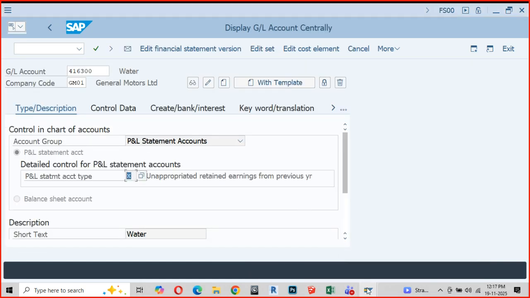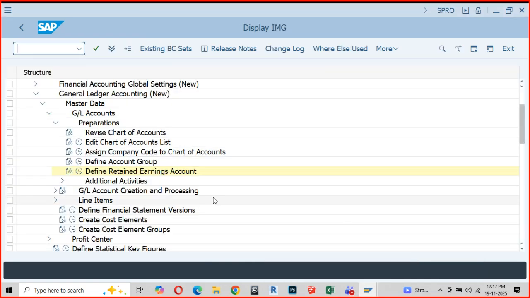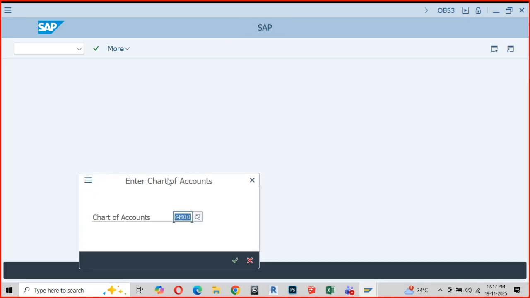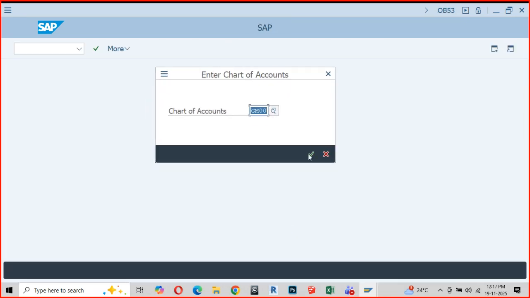Now, what exactly is it? Let us get a little deeper into this. How does the consultant set this connection, or how does the consultant create this retained earnings account? Define retained earnings account. As you can see, the system immediately asks me which chart of accounts you are referring to.